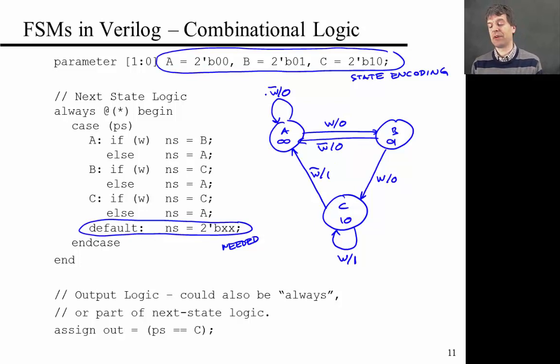So again, remember in these state machines, I always have to associate an output with an input. And you could have done this differently. You could have written down an independent always at star block for the output, going through all the cases, or you could have written the output into the next state logic block that I have up here. So there are different ways of doing that, but this is one way that correctly specifies the system that I want.